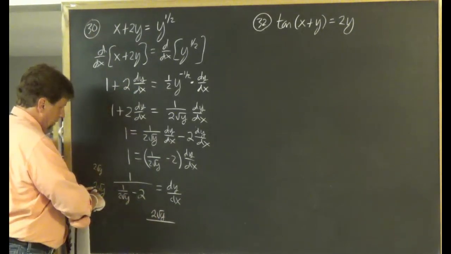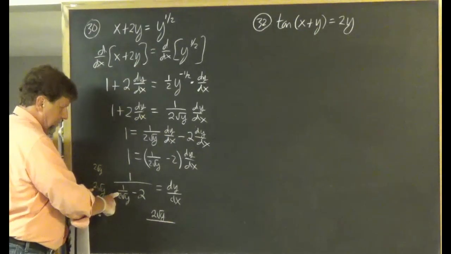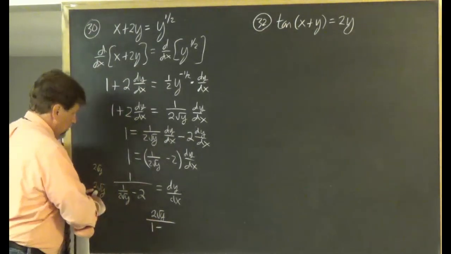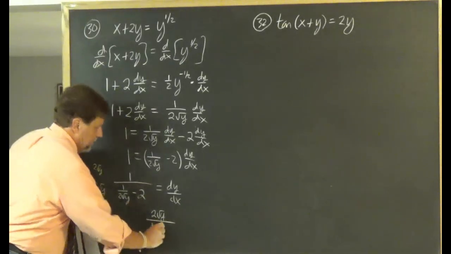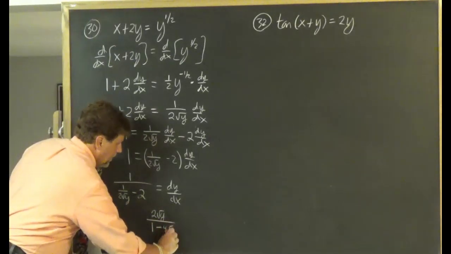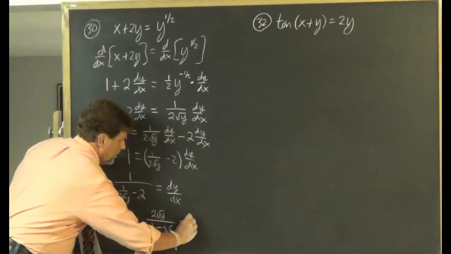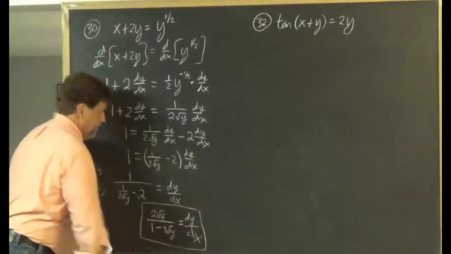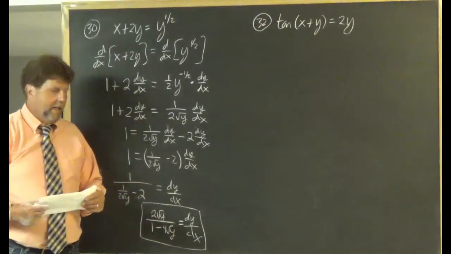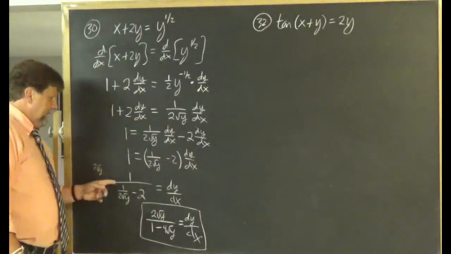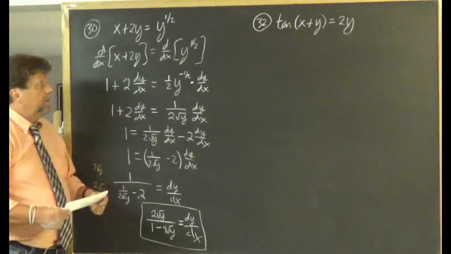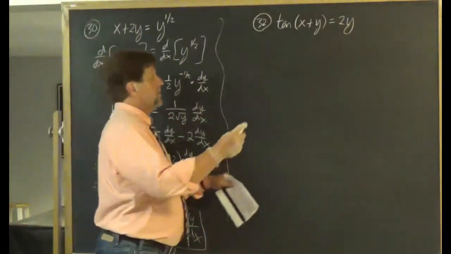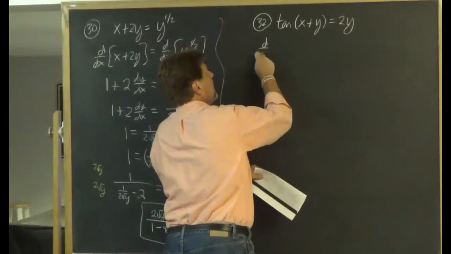In the denominator, 2 square root y gets multiplied by this, I get a 1, and when 2 square root y gets multiplied by 2, it leaves me with a 4 square root y. And I am not going any further. Hopefully you got something like that, or at least got to this part right here. Number 32, you start off by d/dx-ing both sides of the equation.